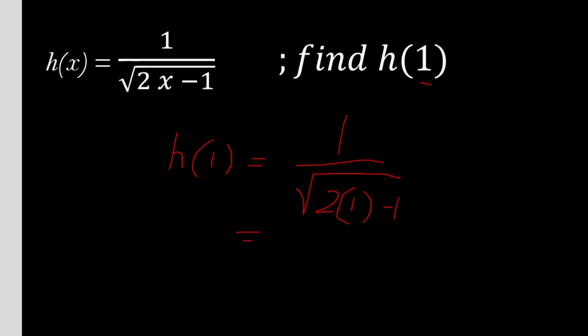Okay, so simplifying this, we have 1 over the square root of 2 times 1 is 2, minus 1, which is equal to 1 over square root of 2 minus 1 is 1, and therefore this is equal to 1 over square root of 1 is 1. So 1 over 1 is equal to 1.